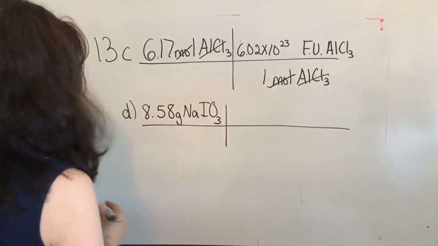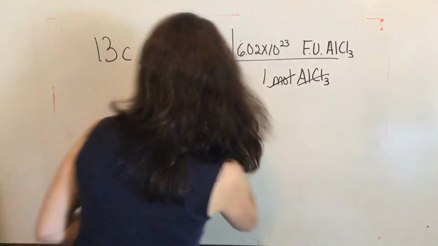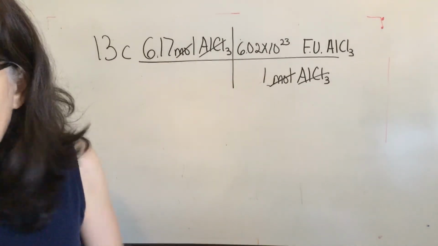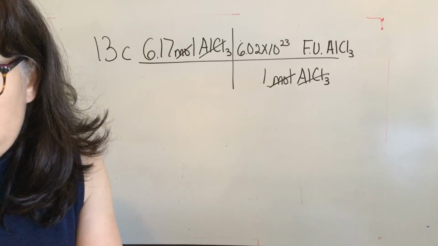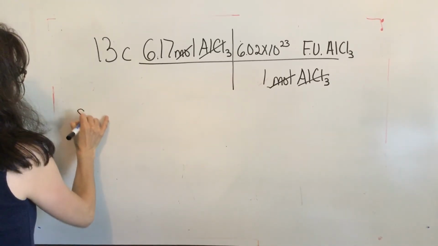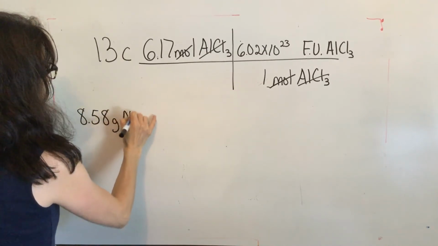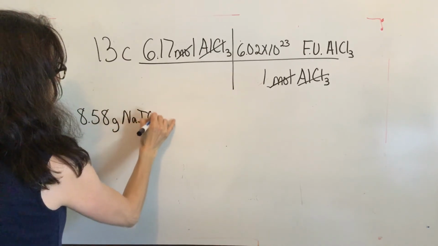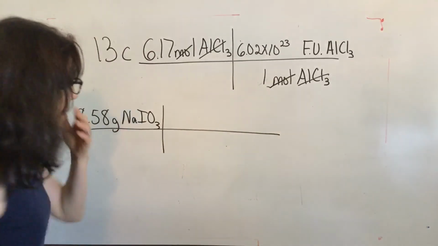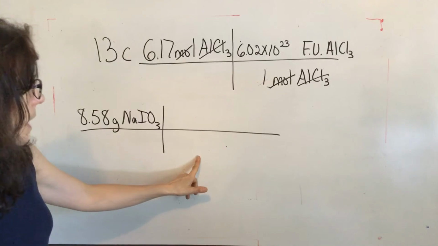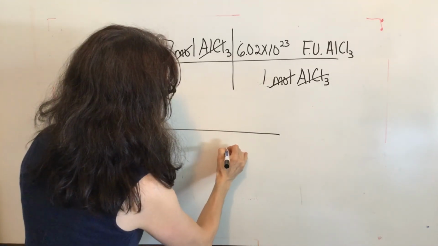And we are going to need more room, so let's move this to the left of the screen real quick. 8.58 grams of sodium iodate. Grams of sodium iodate to moles of sodium iodate.